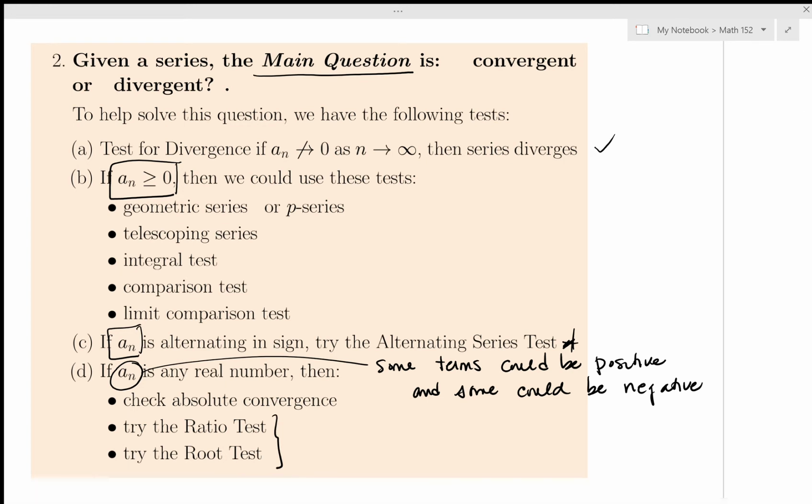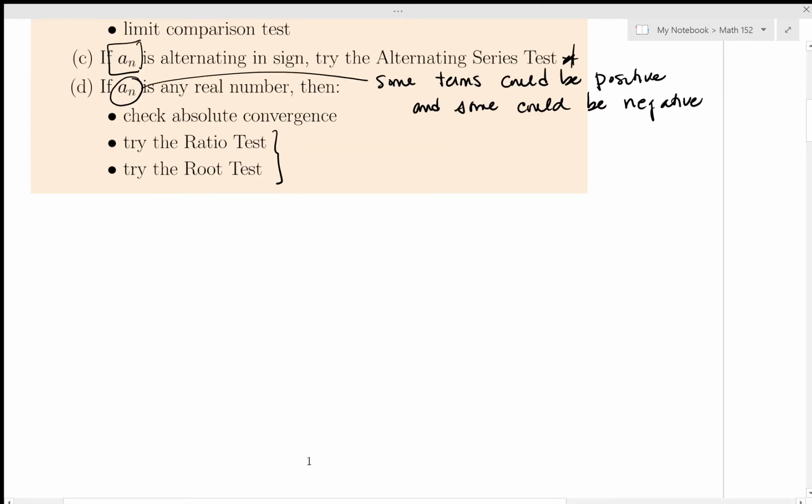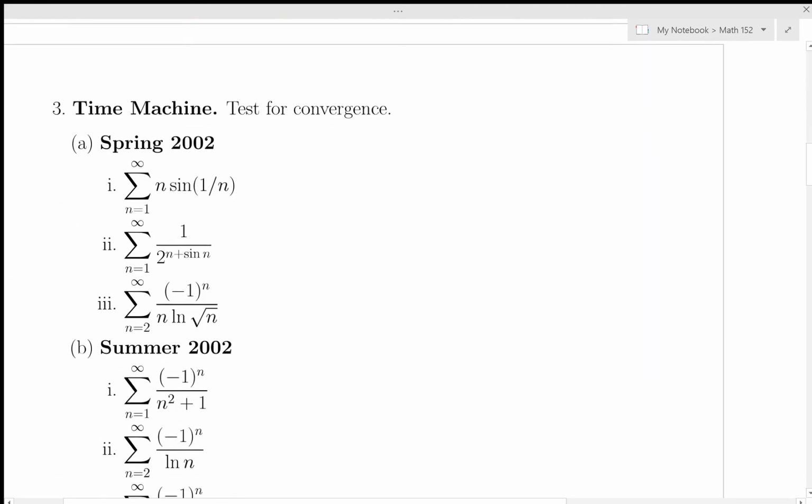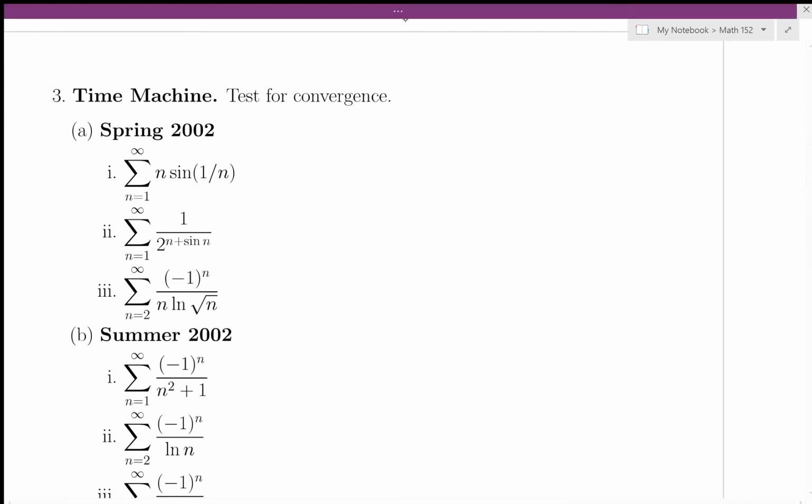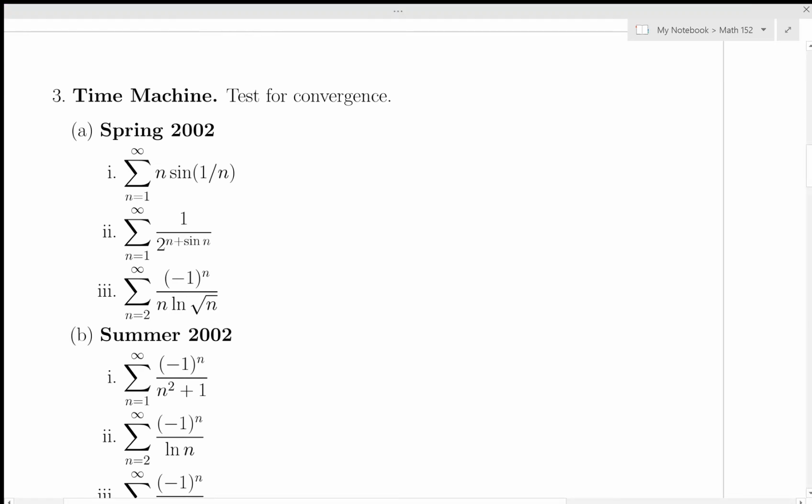Okay, so like I said, we're going to go through a few of them here, making a few comments. So here's one here. We have n times sine of 1 over n. I'm going to make notes beside it. I look at this and I think, this is growing.